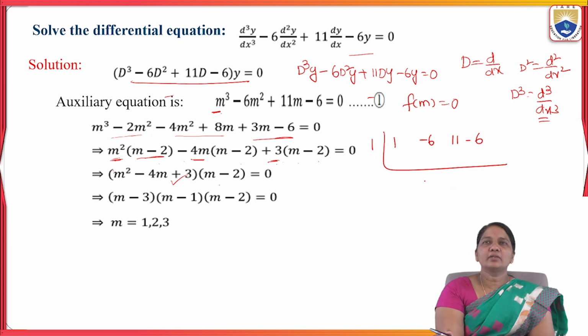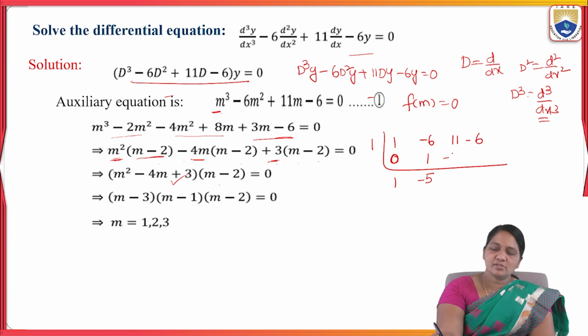Otherwise we will move to minus 1, 2, minus 2 like that. So first I consider 1. The first value we take as 0. Now do the addition: 1 plus 0 is 1. 1 ones are 1. Minus 6 plus 1 is minus 5. 1 into minus 5 is minus 5. 11 minus 5 is 6. 1 sixes are 6.